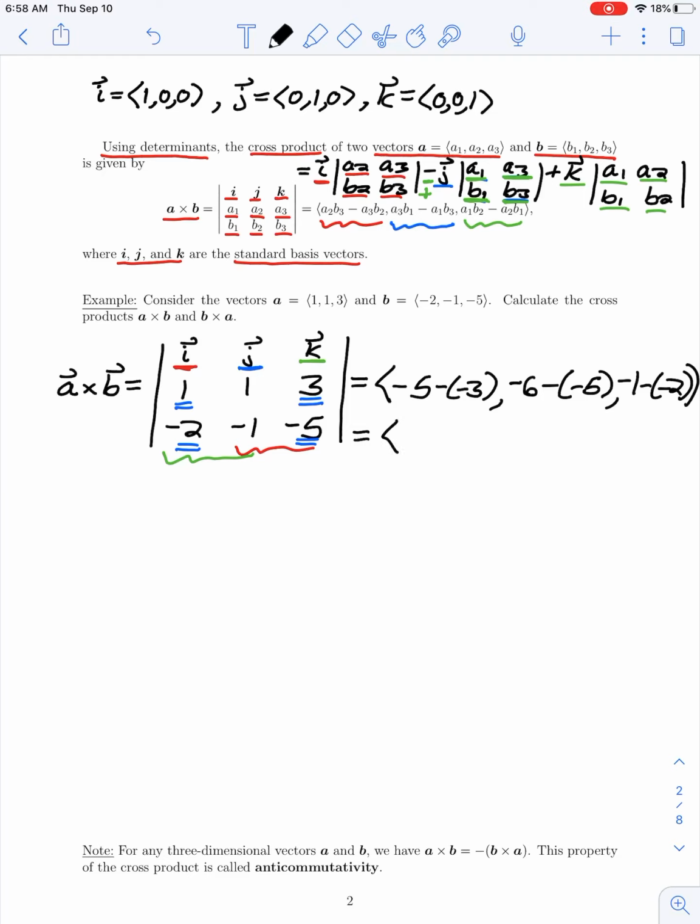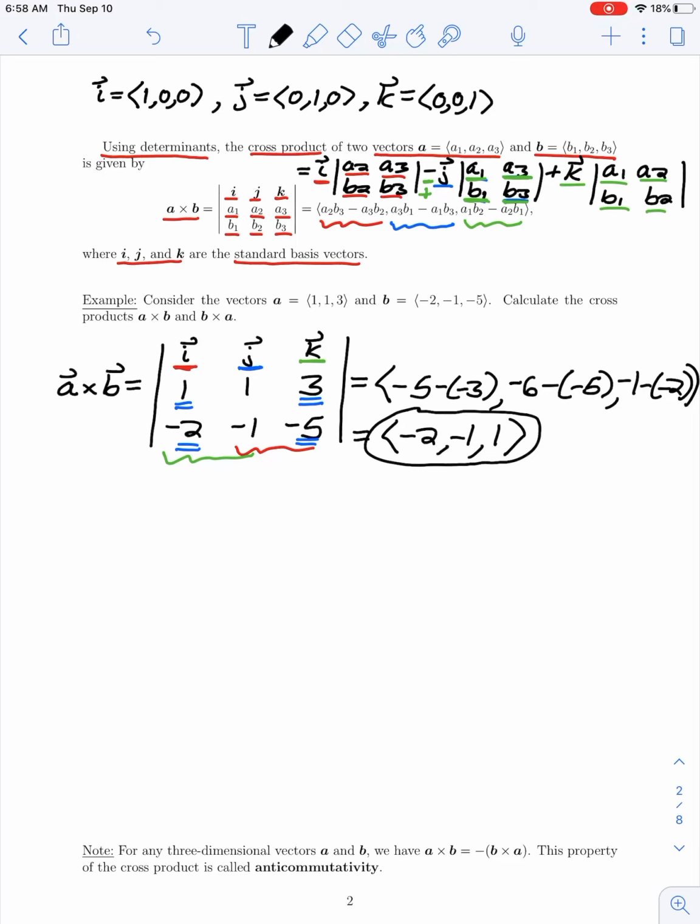So simplifying a little bit, we have the vector -2, -1, and +1. So again, the cross product of two vectors, A and B, gives us a vector, whereas the dot product of two vectors, A and B, gave us a scalar.